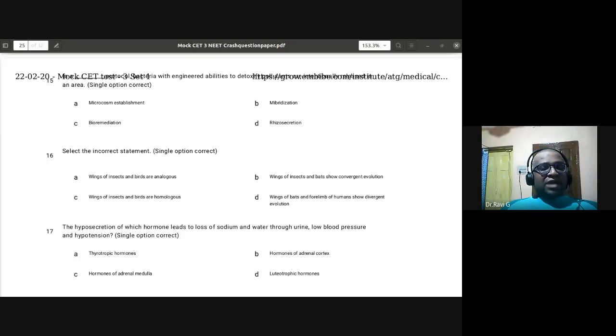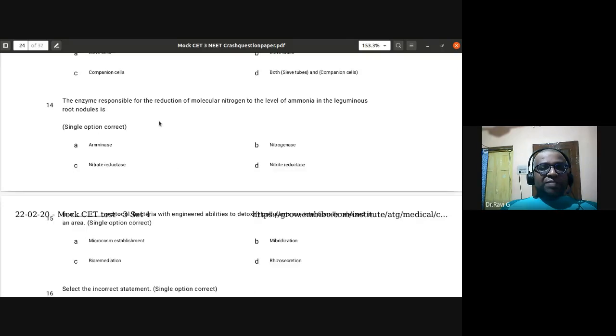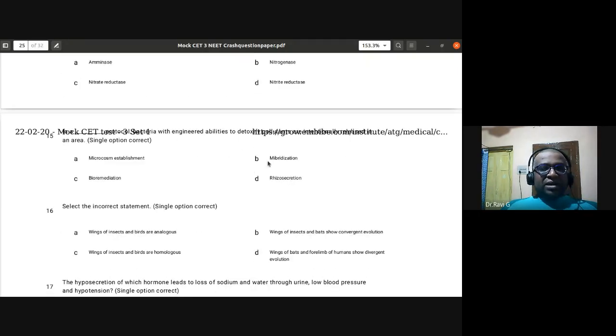So the 14th question, the enzyme responsible, is completed. So the 15th one is: in what dash, bacteria with engineered abilities to detoxify the pollutants are intentionally released in an area.